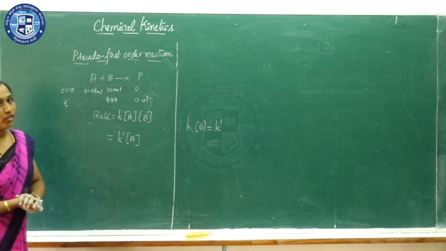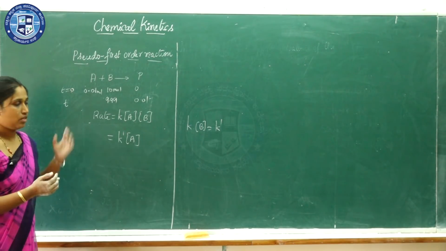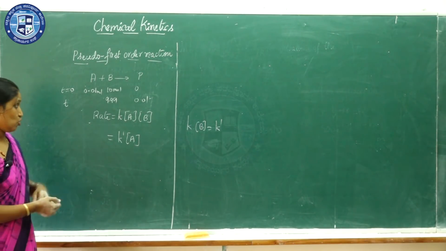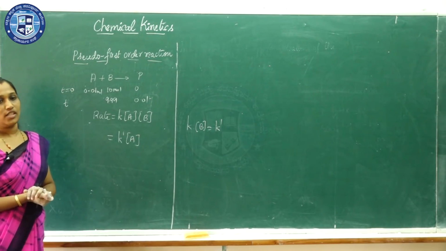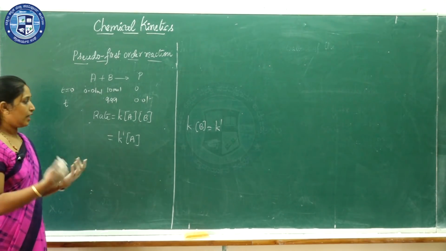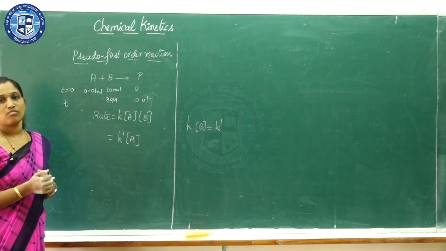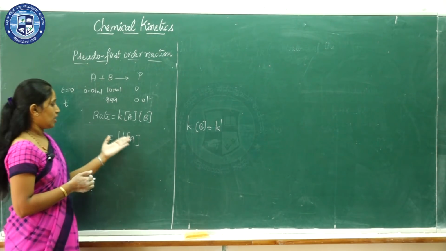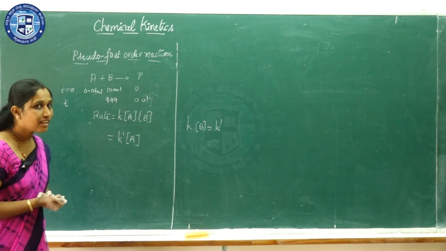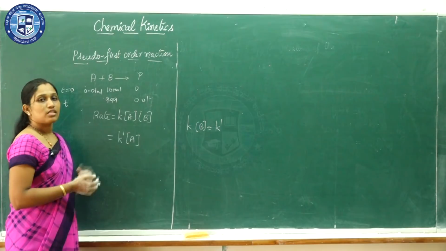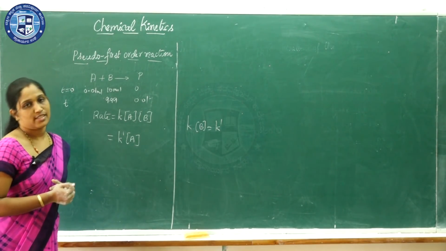So there are many such higher order reactions in which one of the reactants is present in a large excess, and the rate of the reaction is not altered by the change in the concentration of that particular reactant. In that case, the order reduces to first order.